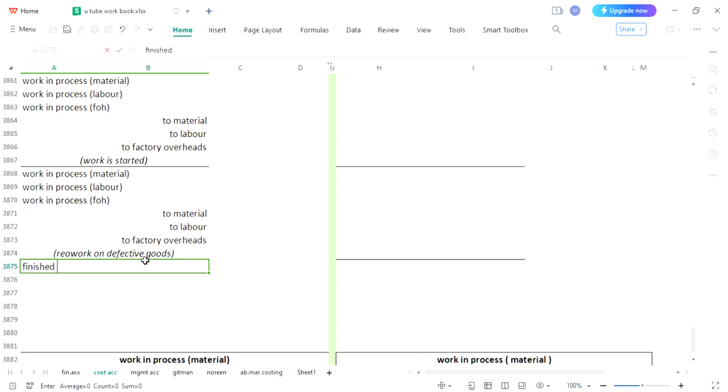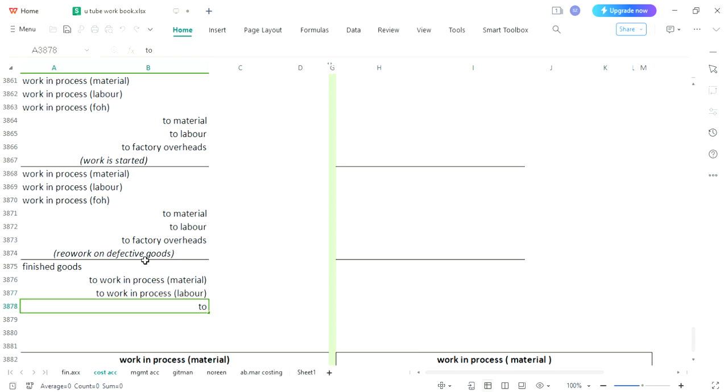So finished goods, being an asset, would be written on the debit side, and ultimately your work in process regarding material would be ended, work in process regarding labor would be ended, and work in process regarding your factory overhead is ended.